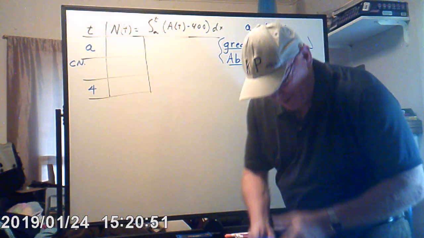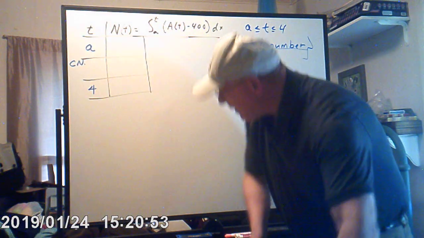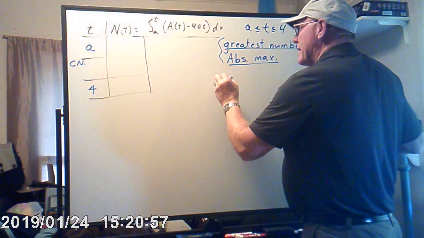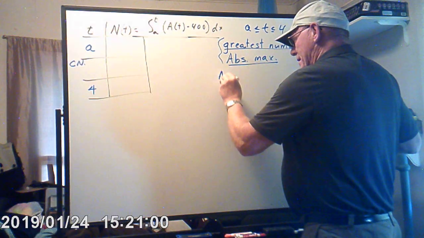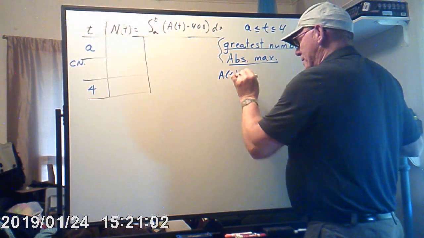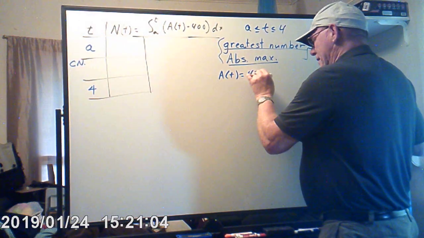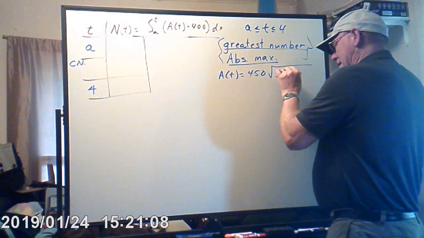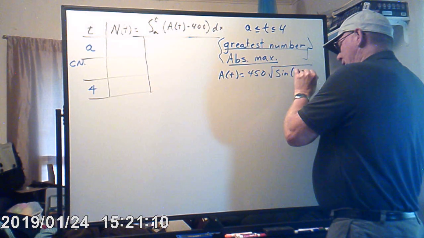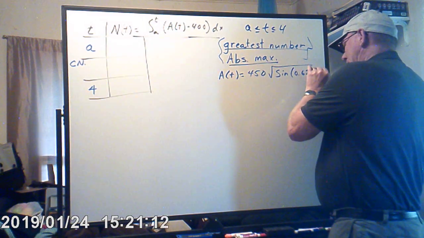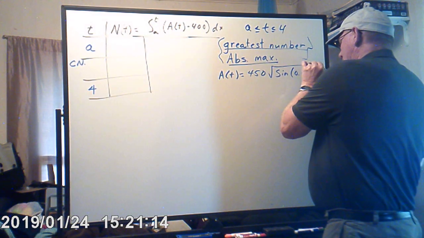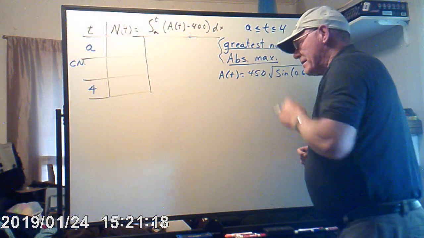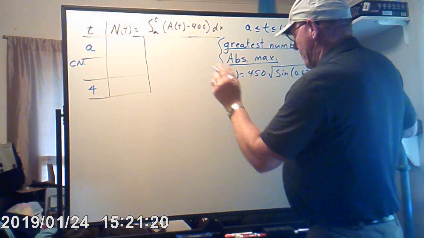So if you want to do it this way, a at t, remember, a at t happened to be 450 times the square root of sine of 0.62t. You want to put that part in there, and then you've got minus 400 here. So this is what I've done.